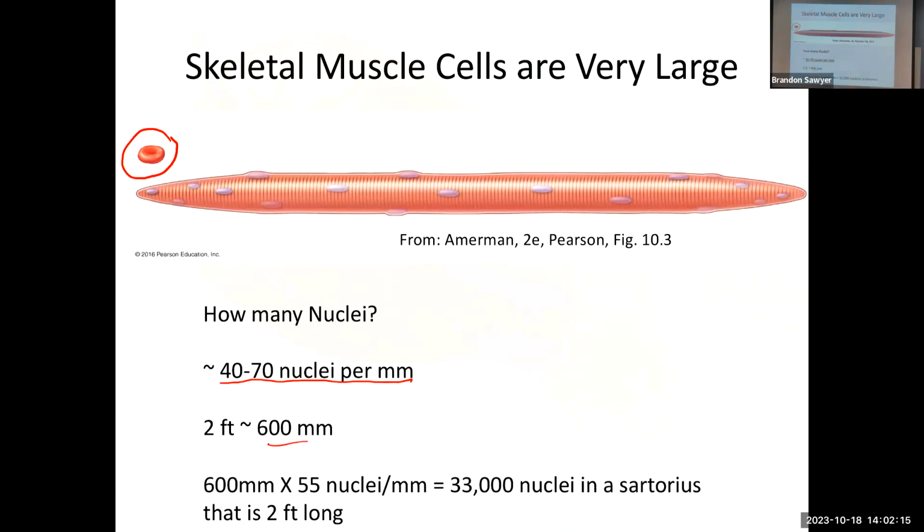That's around 33,000 nuclei in a single muscle cell from the sartorius, right? Just a totally different cell, right? We don't have any cells that look anything like these skeletal muscle cells. They're big, they're long, and they have many, many nuclei, way more than any other cell in the body.